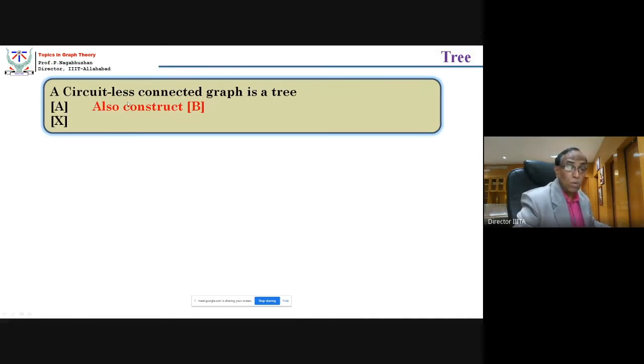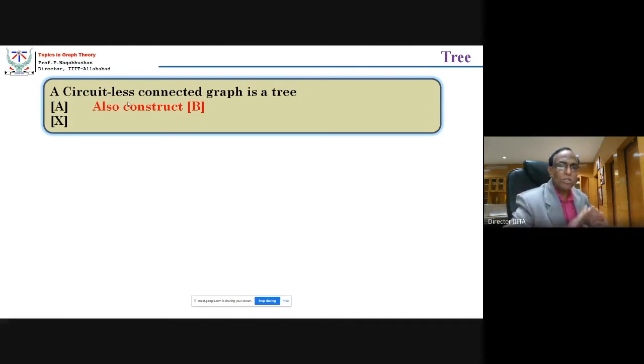So now all that you have to do is identify a circuit present in a graph and remove that circuit. How can a circuit be broken? Remove any edge in the circuit, then the circuit is broken. Just removing one edge in the circuit, all vertices in the circuit still remain connected. They will not get disconnected, but the circuit is broken.